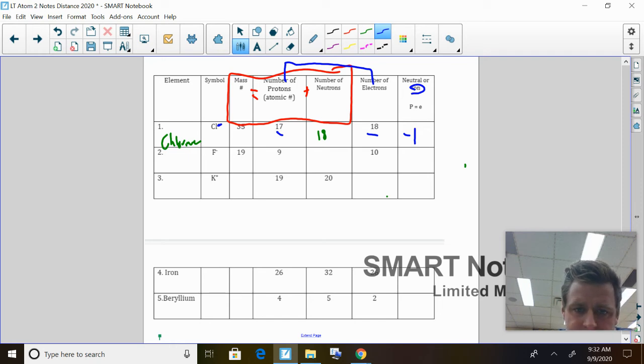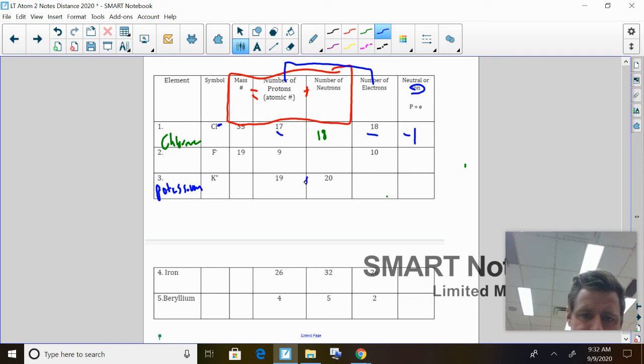Do number 3. That is potassium. Alrighty. What's its mass? Well, 19 plus 20 is 39. Yay. And now let's go to the number of electrons. Now, if I look here, this is positive. I can't change that.